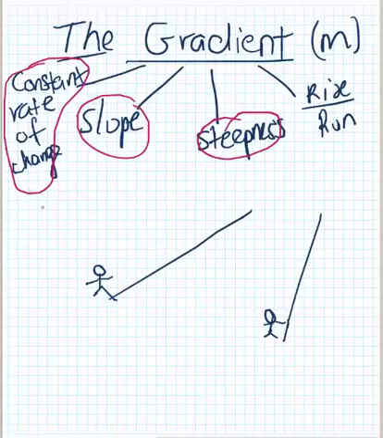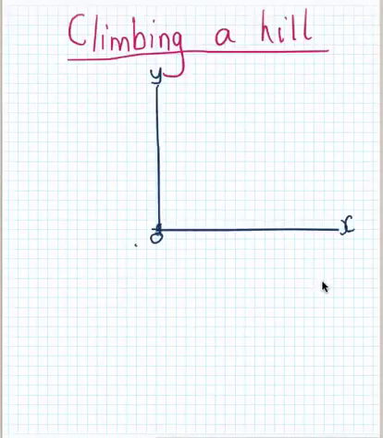All right, so now let's do another example. So with this example, hopefully by the end of this example, you have a clear understanding on what the gradient is in relation to a rate of change. Now, the example we're using is, imagine we're climbing a hill, or someone's climbing a hill.